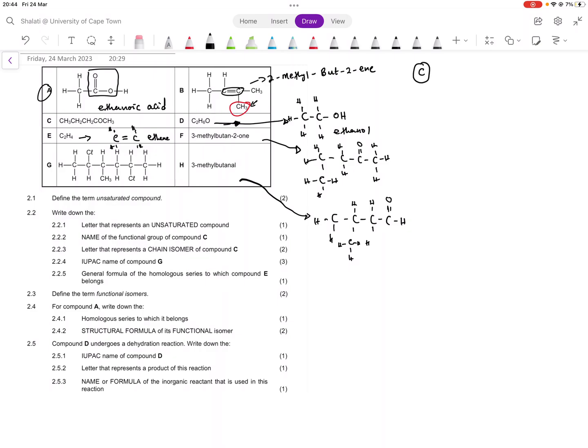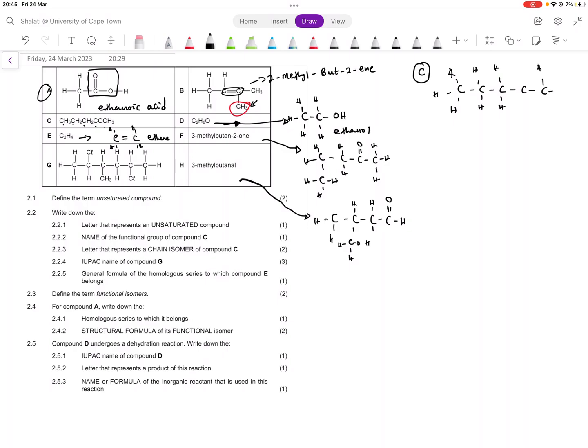we have how many carbons? 1 2 3 4 5. On the first carbon, 3 hydrogens. On the second carbon, 2 hydrogens. On the third one, I have 2 hydrogens. On the fourth one, no hydrogen, but I have an oxygen, so I'm gonna skip that one.